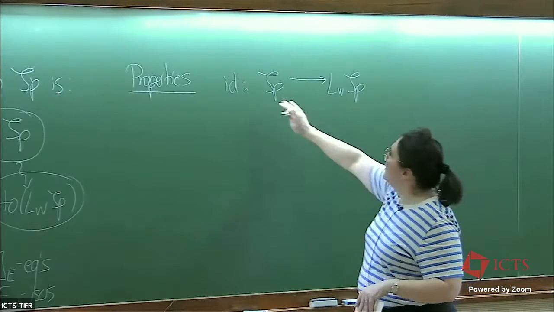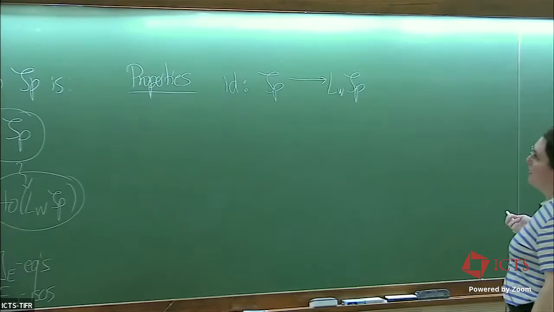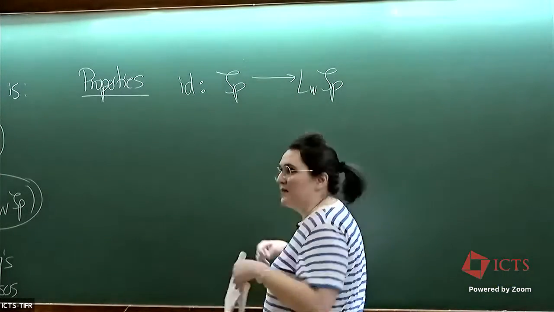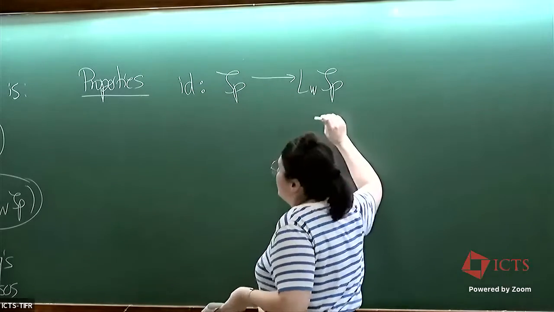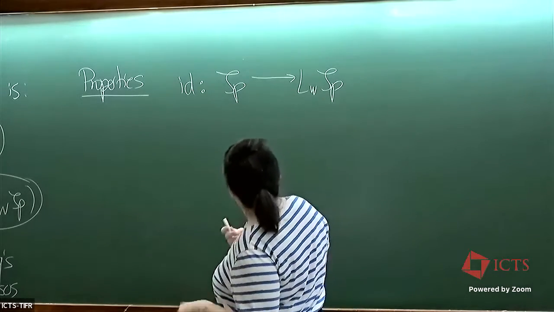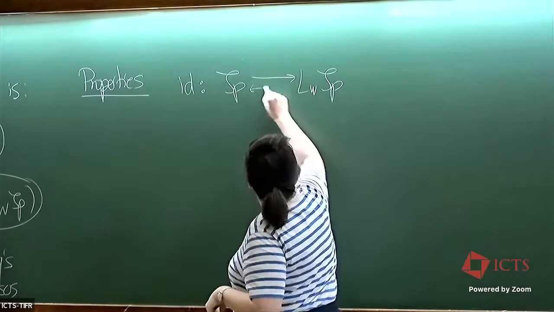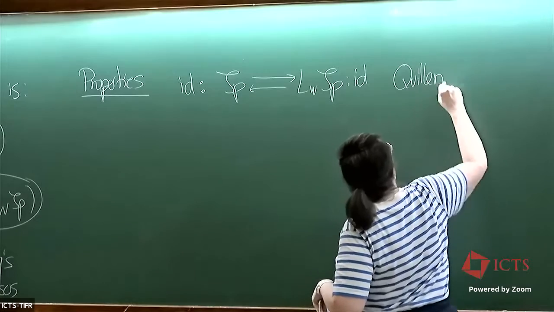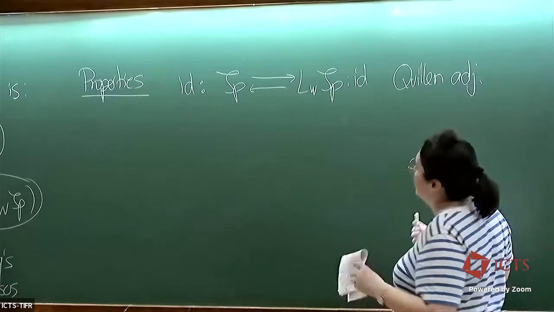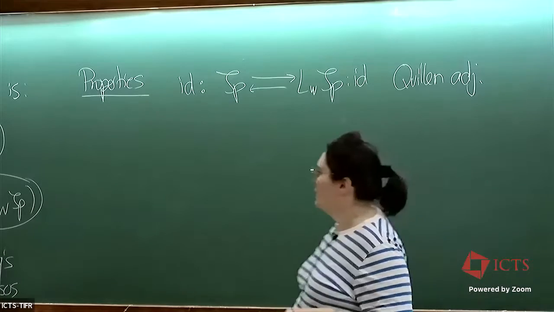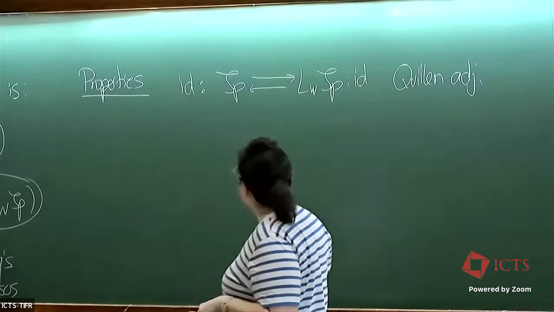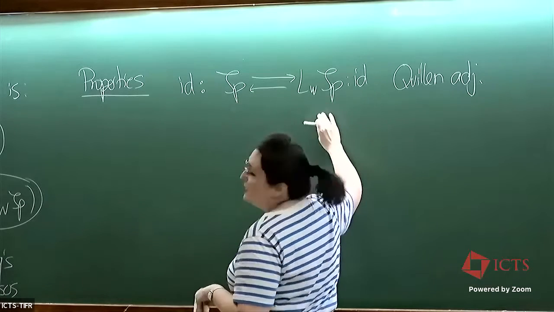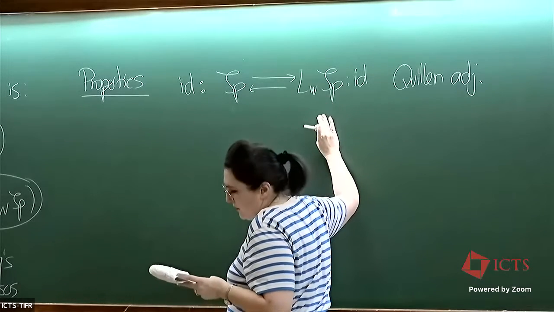But it has different model structures on it. So it isn't necessarily compatible with the homotopy that arises from it. But in this case, of course, we are in luck, and the identity forms a Quillen adjunction. So in particular, if you don't remember the definition, it induces an adjunction between the stable homotopy category and the W-local stable homotopy category.